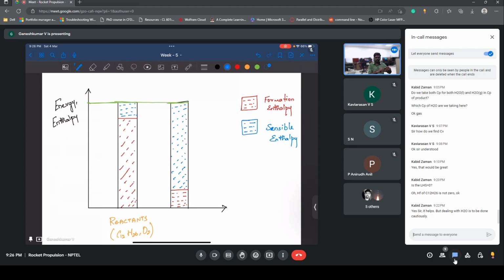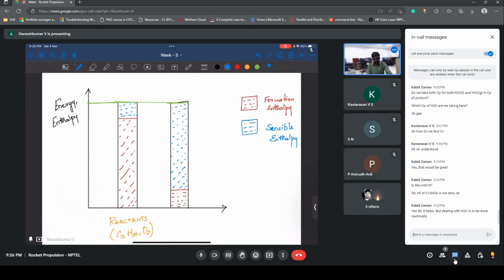My formation enthalpy is less because the products' formation enthalpies are less, and I should have equal energy, right? You cannot violate energy conservation. Energy can neither be created nor destroyed, it can only get converted. Now what I did is I converted this formation enthalpy into sensible enthalpy. Since my formation enthalpy of products is less, the remaining is all sensible enthalpy, and that is the reason I can feel it, and that's the reason I have a very high temperature.